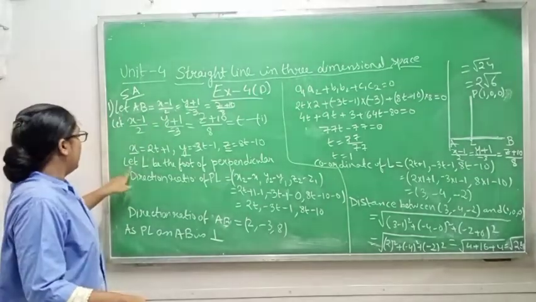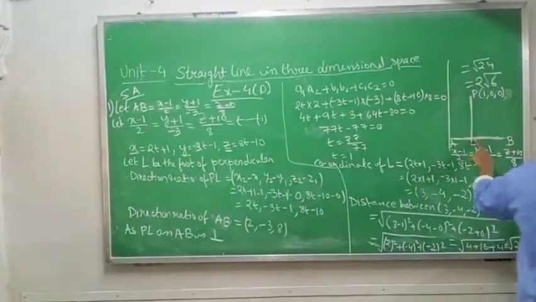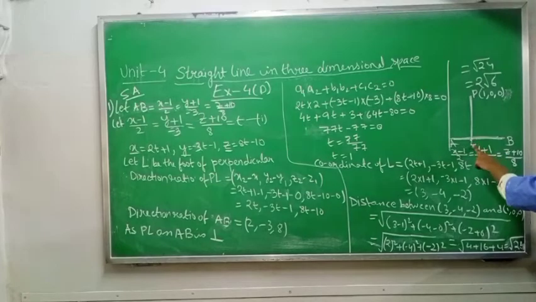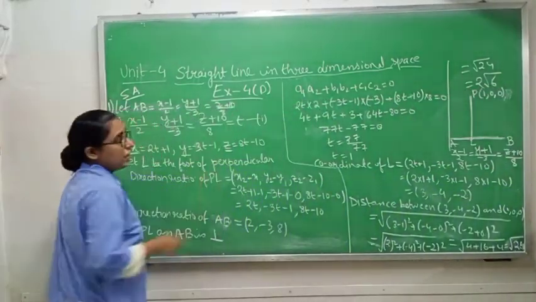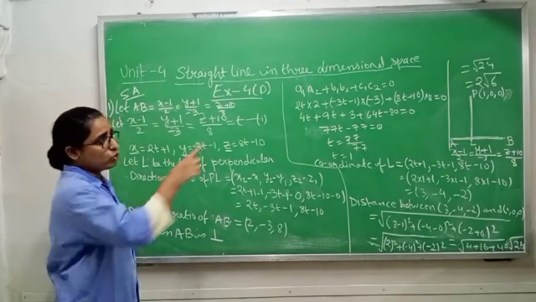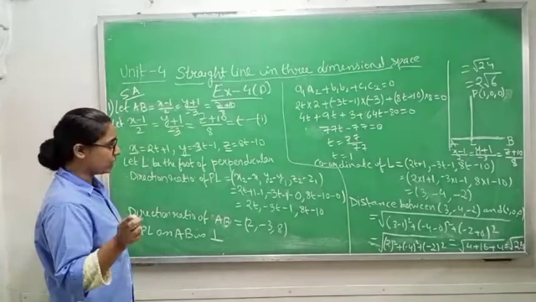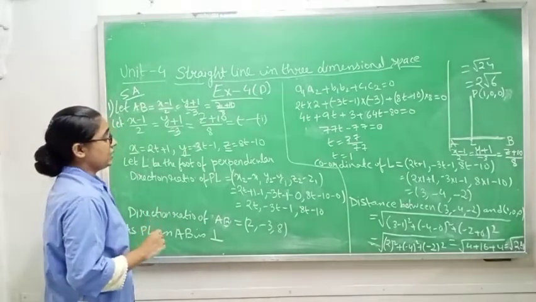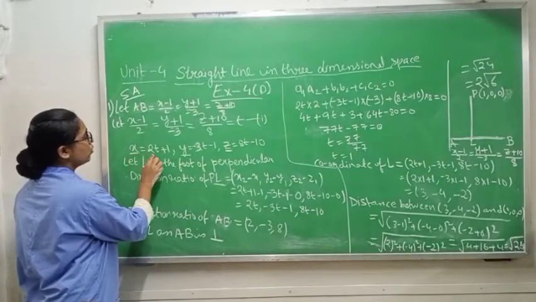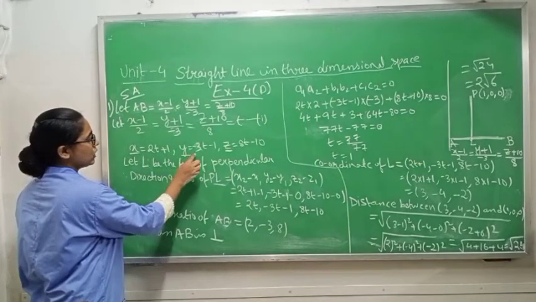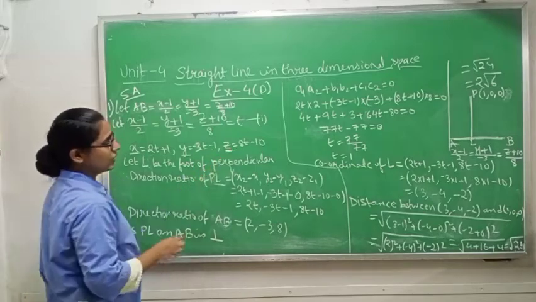Okay. Now let L be the foot of the perpendicular. So I am taking L as the foot of the perpendicular. This is L. Okay. Now direction ratio of PL. P is (1, 0, 0). You can see in the picture it is given P is (1, 0, 0). And L is nothing but x equals 2t plus 1, comma y equals minus 3t minus 1, comma z equals 8t minus 10.